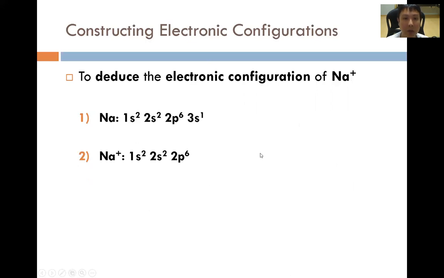For example, if you want to deduce the electronic configuration of the Na+ ion, sodium has an electronic configuration of 1s2, 2s2, 2p6, and 3s1. This is the electronic configuration of the sodium atom. But since it has a 1+ charge, we know that we have to remove 1 electron from the highest energy orbital.